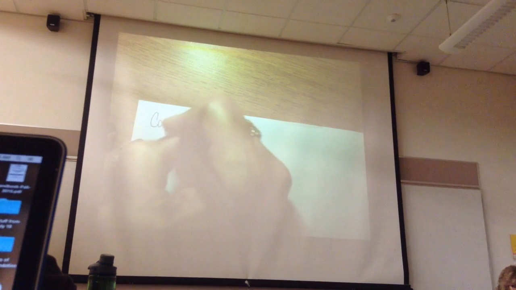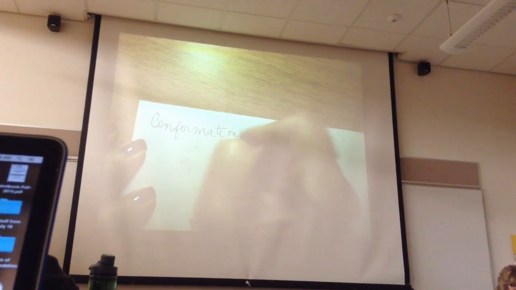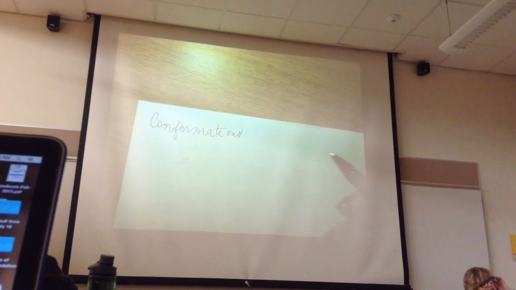If you draw in the wedges and dashes, and these are conformations, conformations are you are going to rotate a carbon-carbon single bond and you're gonna see something different.